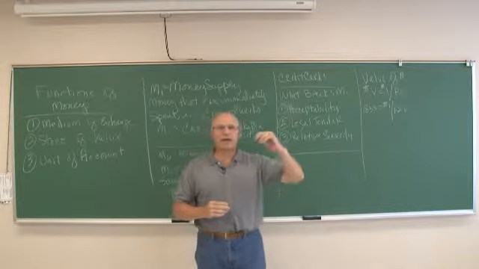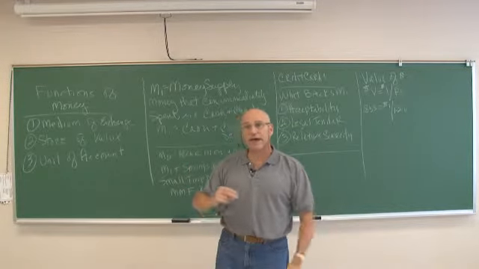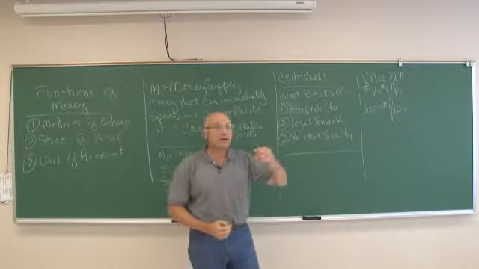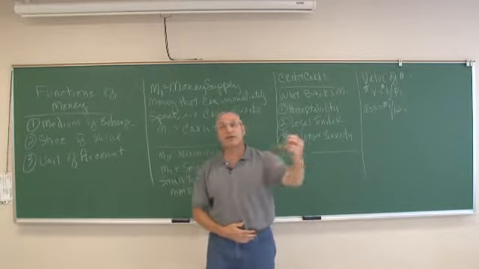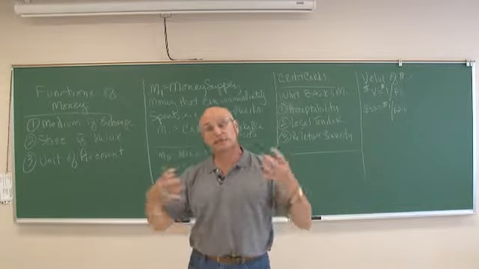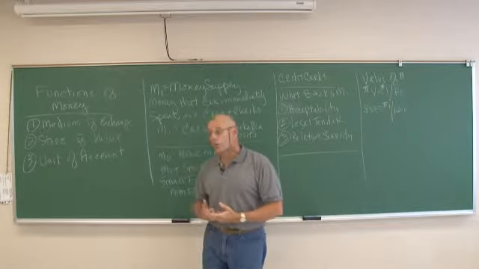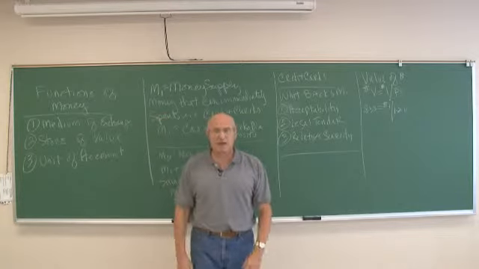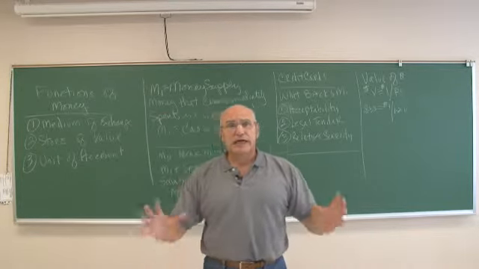I have to give up X number of books for that. I have to give up a vacation for that. I have to give up the ability to save for a new house or a new car in order to take a course here at Wilmington University. So therefore, we have the idea of the unit of account.